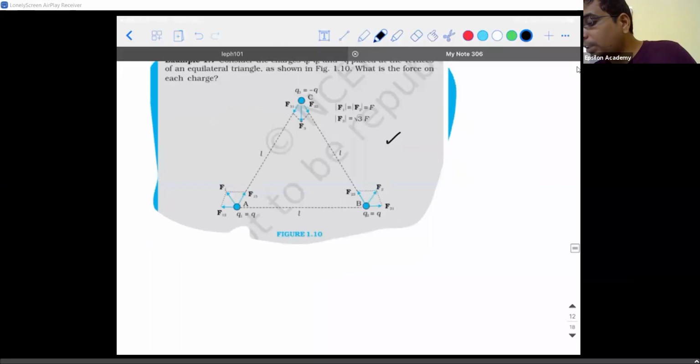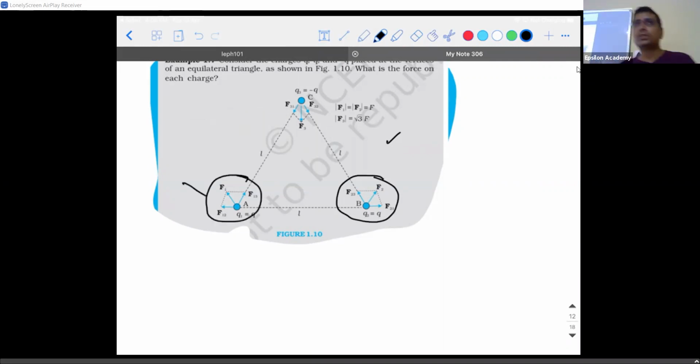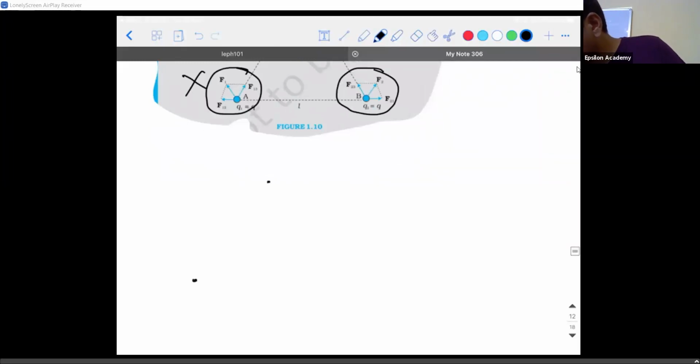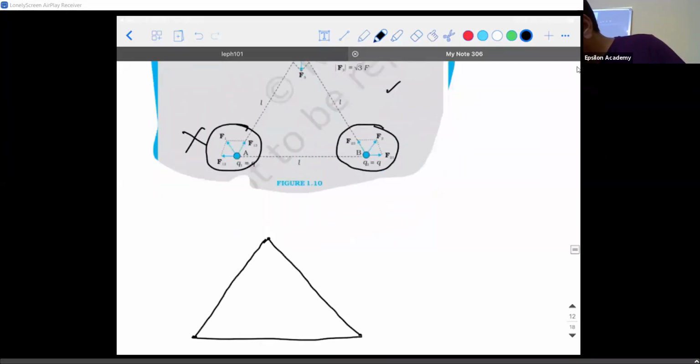One more important point, in your exam, these things will not be given. Since it is a solved example in your textbook, they have given it. Okay. So let's try to solve the problem with the given data. I'm not taking the diagram into consideration. I only take the configuration, that is where minus Q is placed.